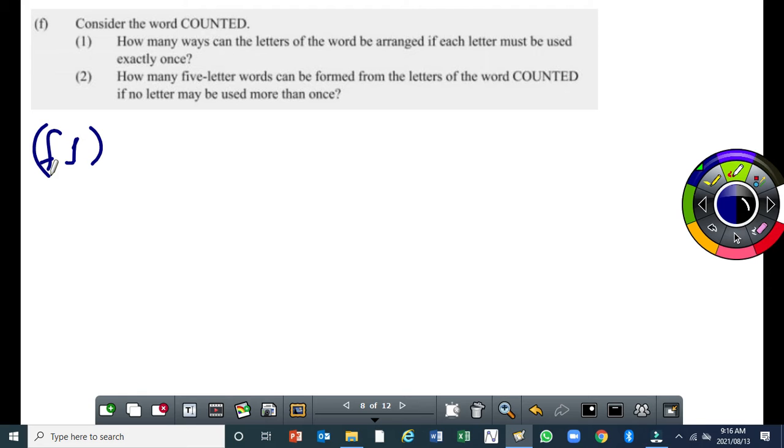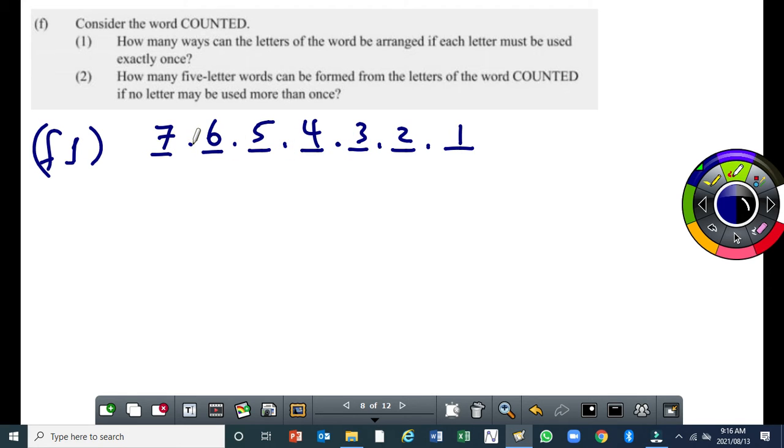So we have got 7 letters, so 1, 2, 3, 4, 5, 6, 7. Repetition is not allowed. It means the first position, all 7 letters can take it. Then 6, 5, 4, 3, 2, 1. Then use the fundamental counting principle.